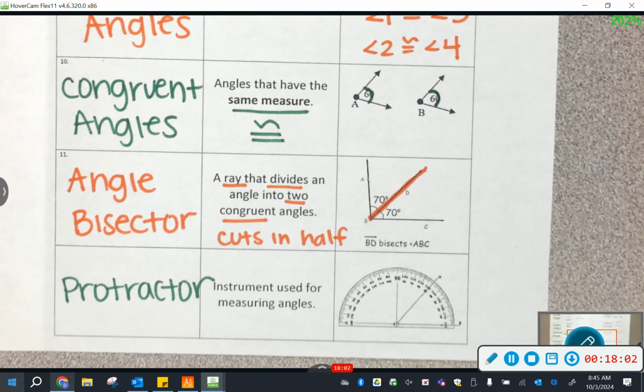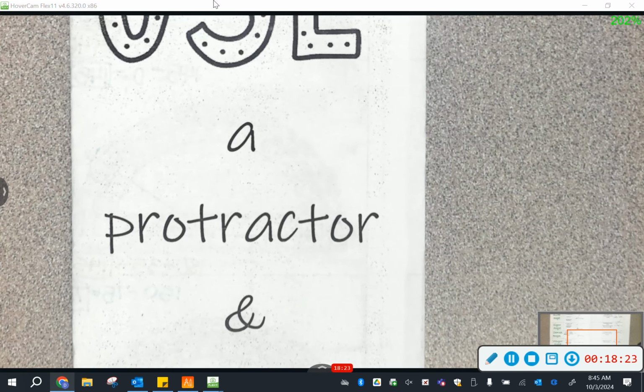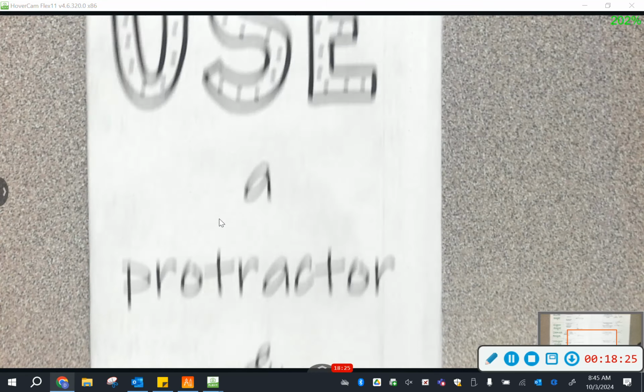Did we glue in our protractor paper on Tuesday? No. Mr. F, can you give everybody a glue? I know some people have it already. All right. I need you to look up real quick because I'm going to give you a couple instructions. The first thing I want you to do is get out your protractor paper from Tuesday.